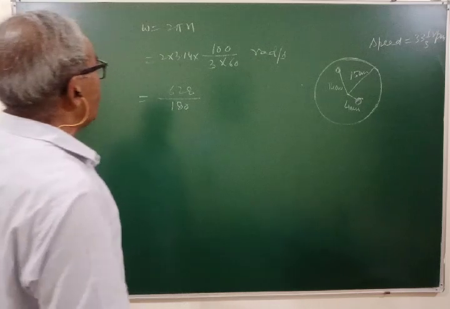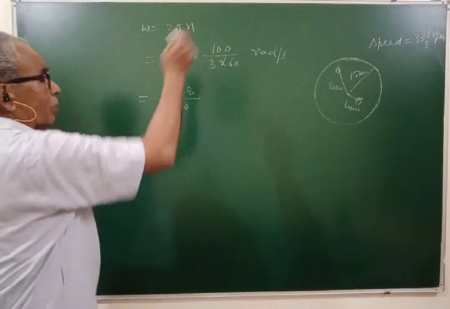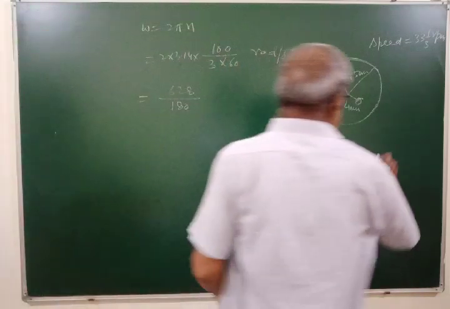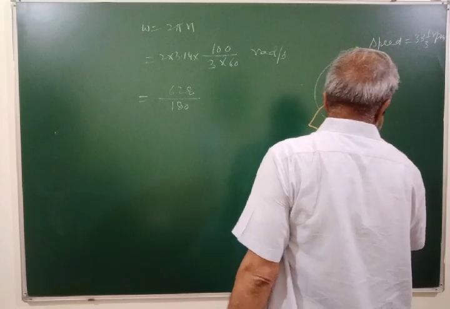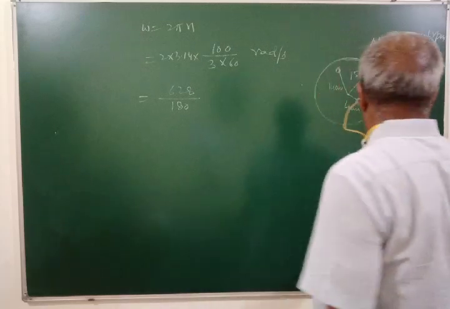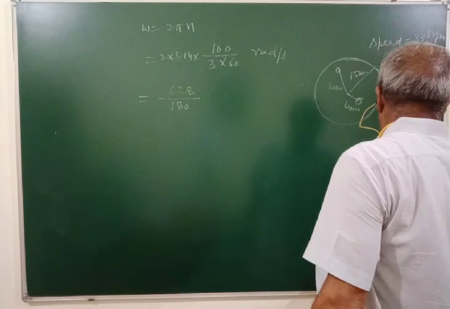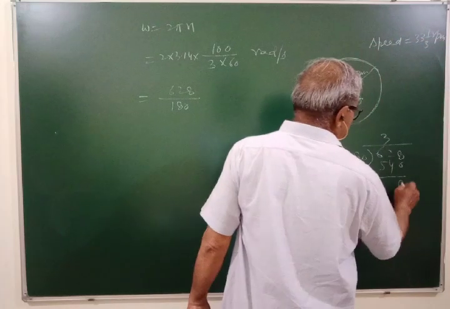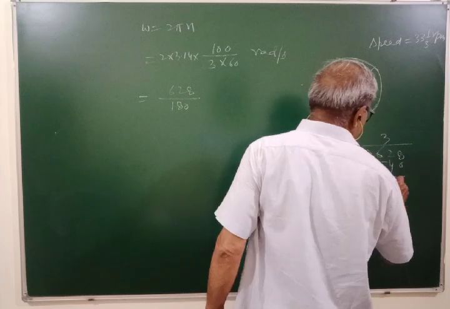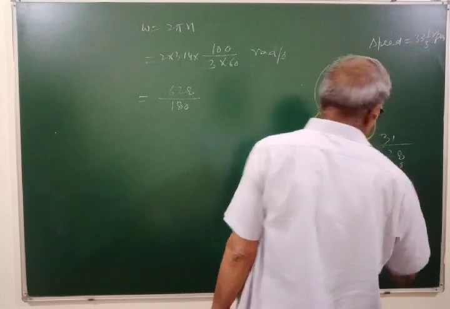Actually, we are in the habit of cutting zeros. You can simply divide 628 by 180. 18 3s are 54. Next, 18 4s are 72, then 8, or 8.0.